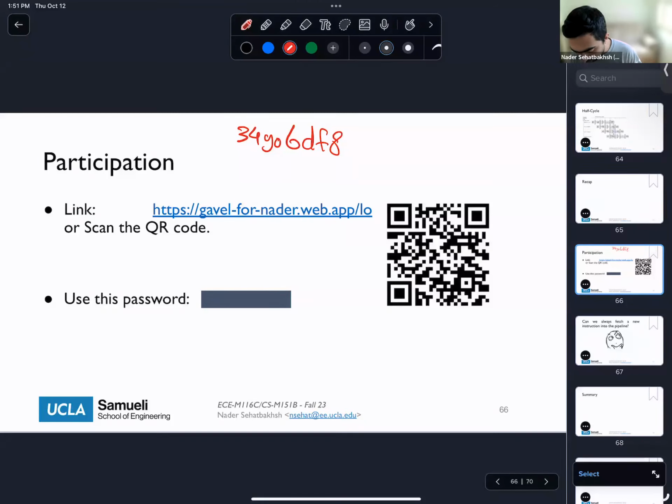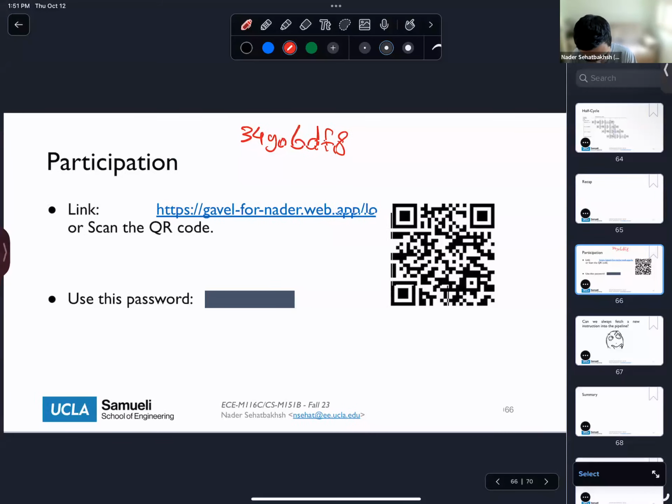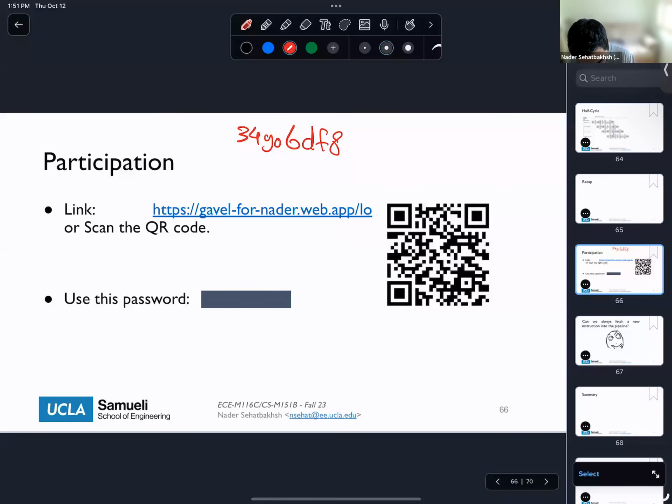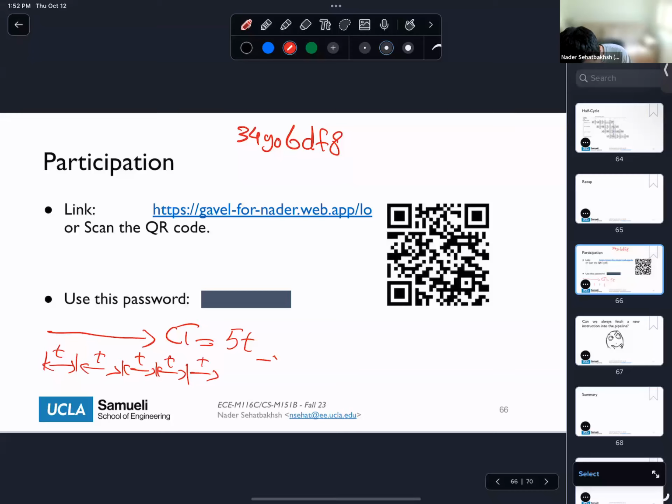But what I'm showing you so far is essentially what I'm doing. What I had before was my design of the CPU. The CT was a combination of 5 different times, okay? But now I'm saying, let's break this down into 5 stages, and this is T, okay? So now my CT2 is 1/5 of CT1. So great, CT going down.